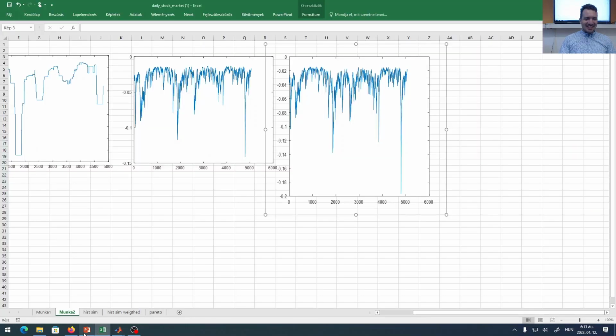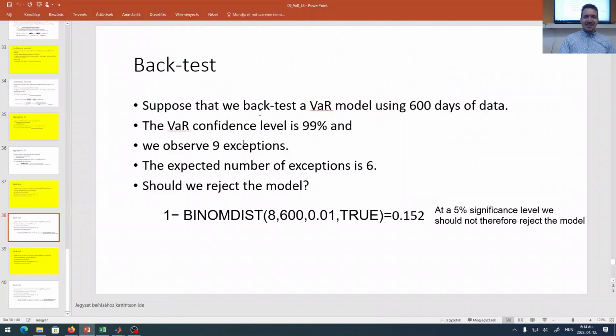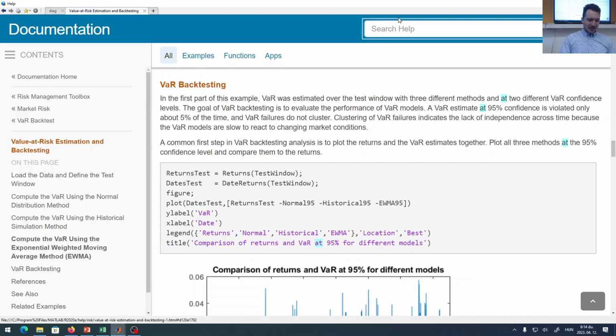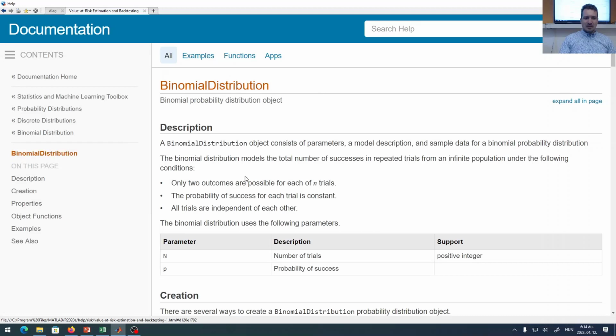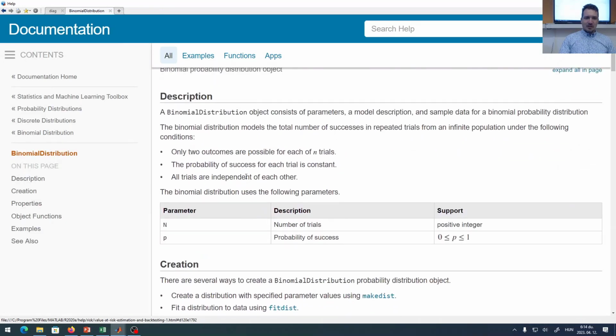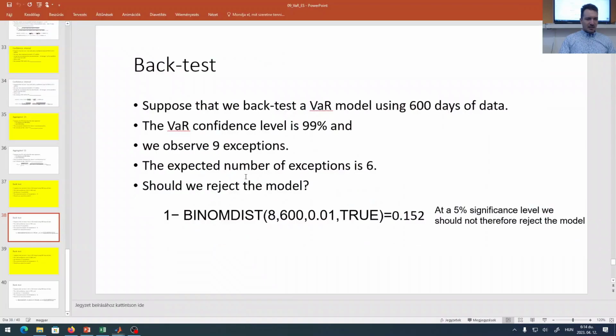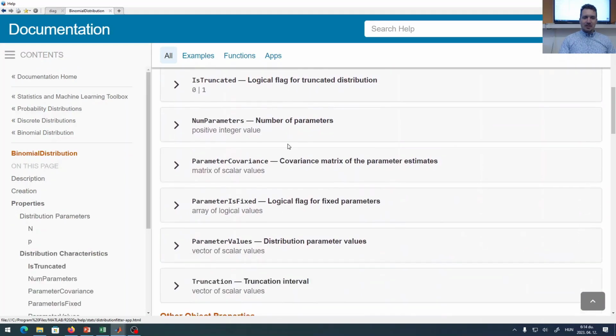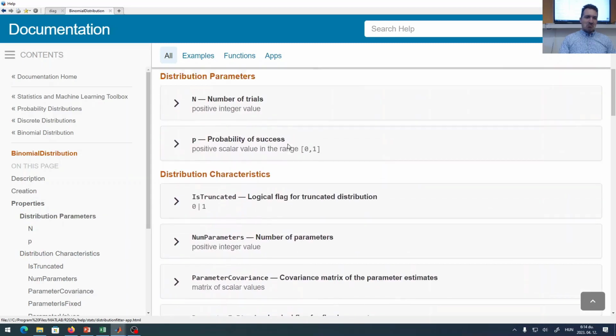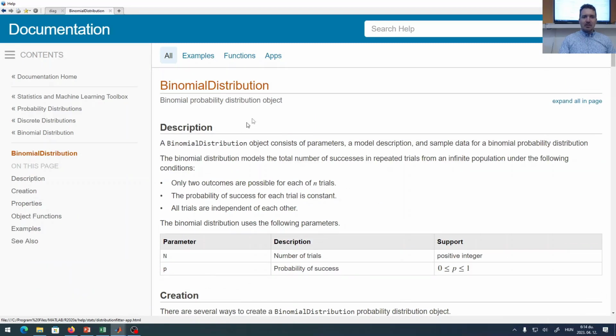Okay, so we need binomial distribution. Is this thing? Binom dist. One thing, another thing, and it's true. Number of trials, probability of success. Let's use it. But I don't need an object.